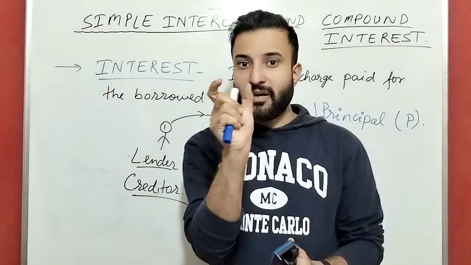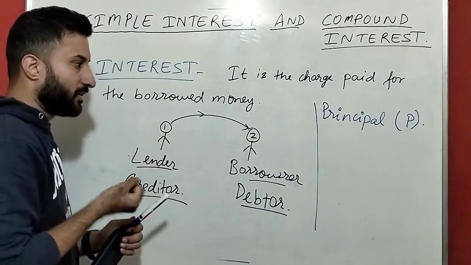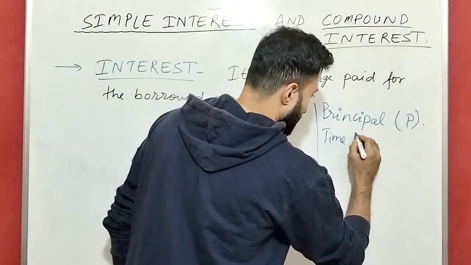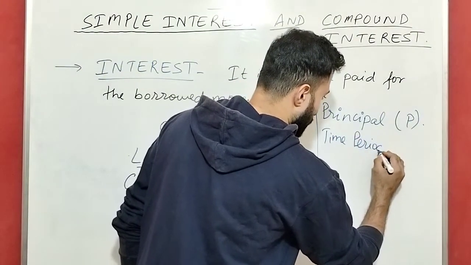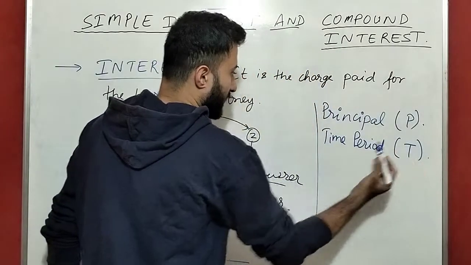That period of time for which I take the money is called the time period. It means after this time period I am going to return the money. That is denoted by T.